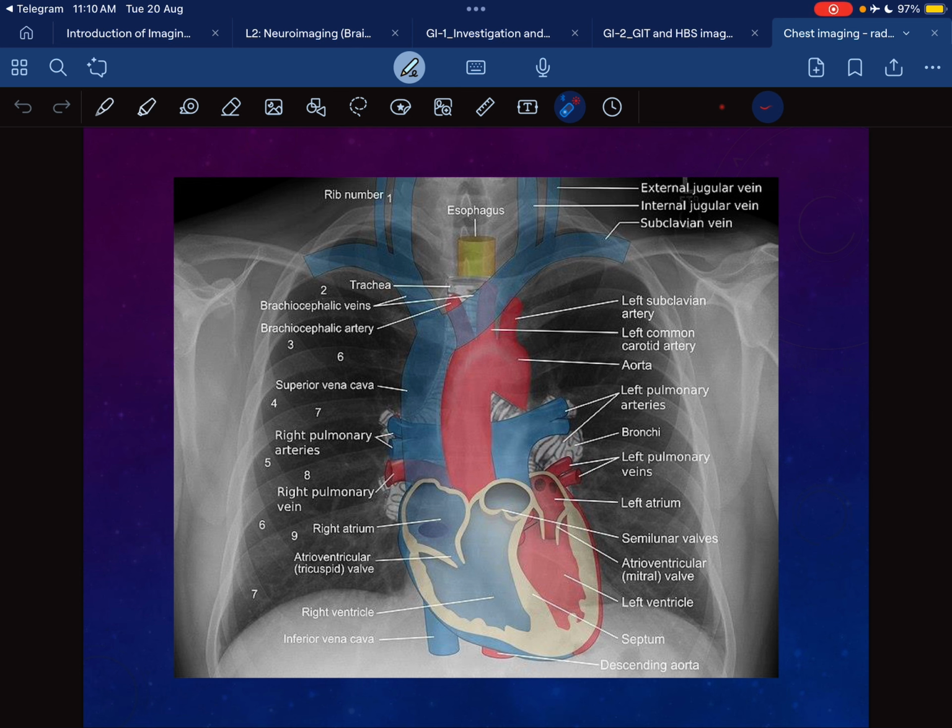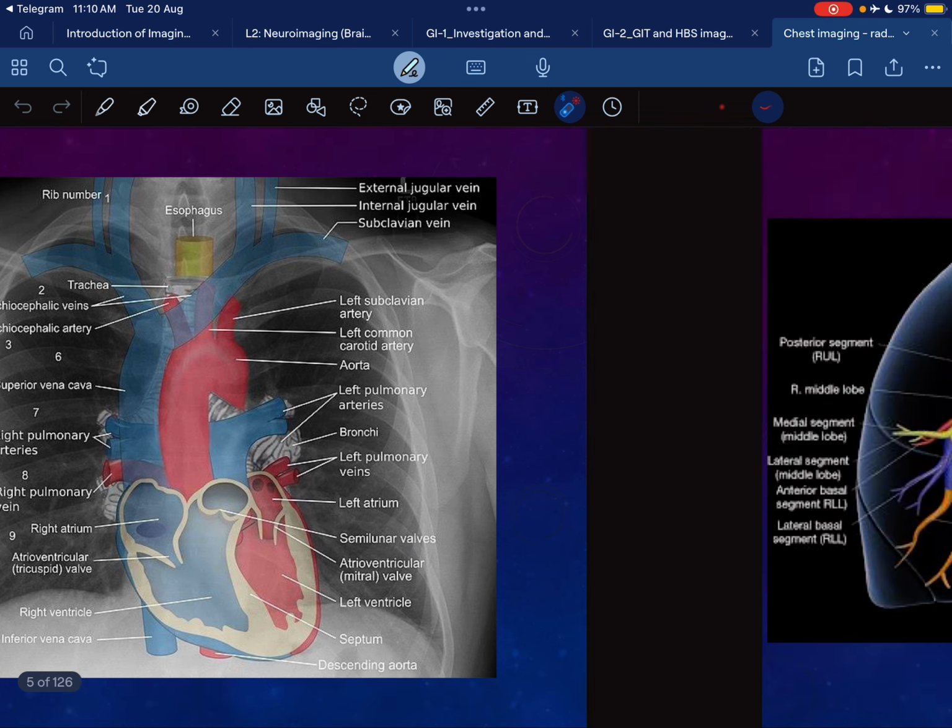The bones start with the spine, spinous process, any fracture, clavicle, scapula. Once done, check the soft tissues around the side as well as in the neck. So this is more or less the way I do it.